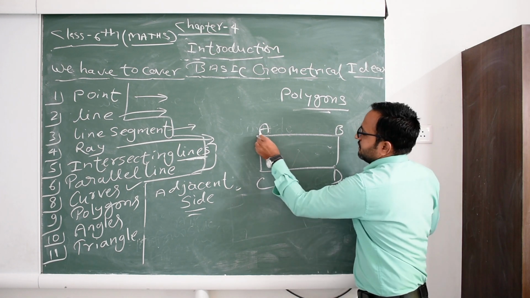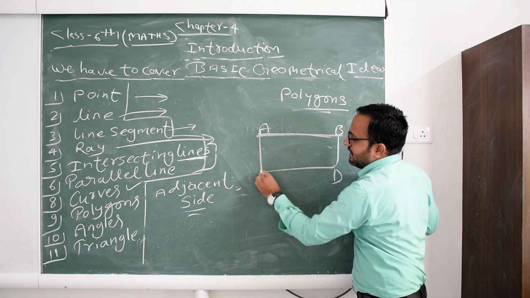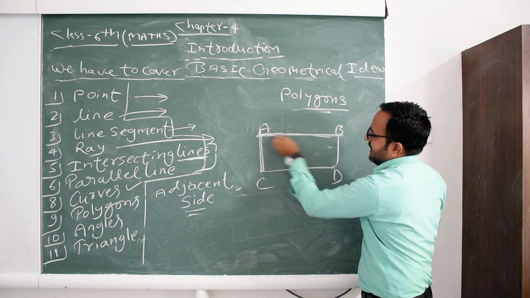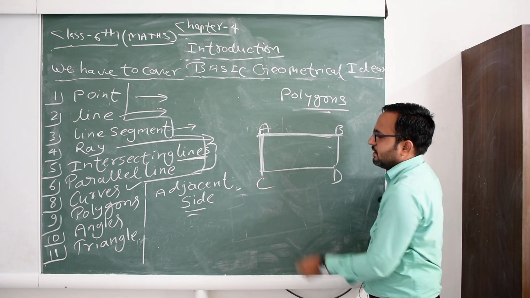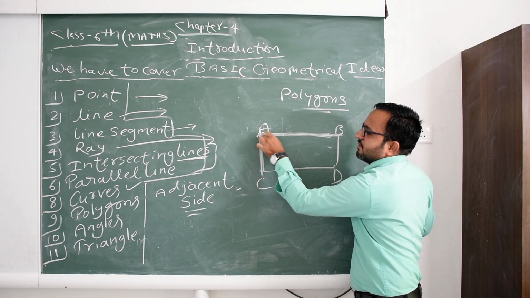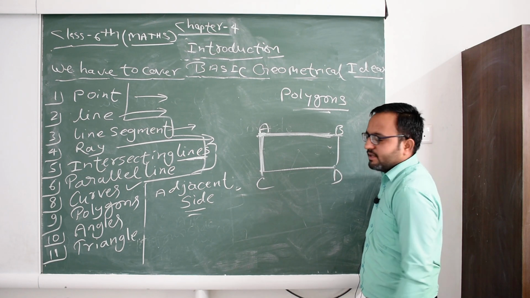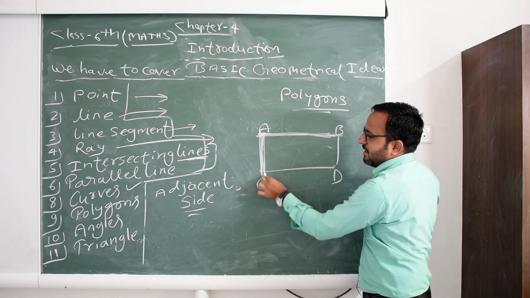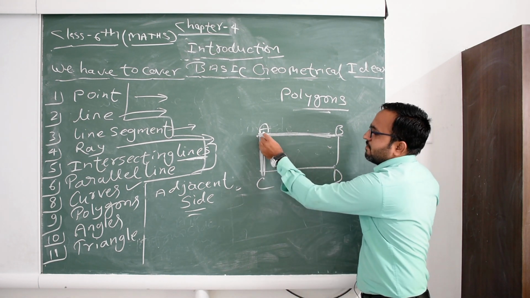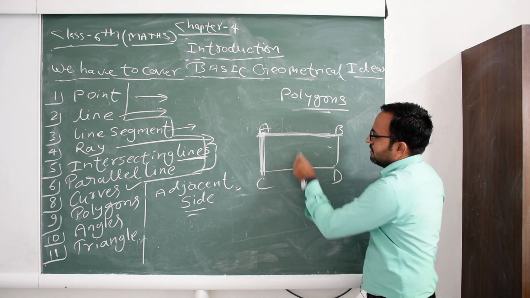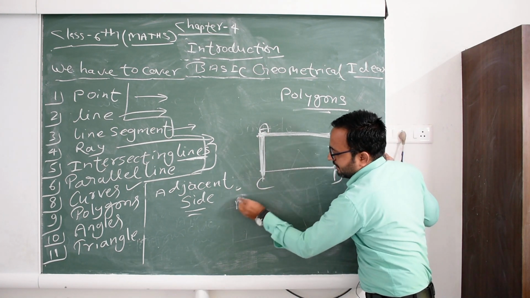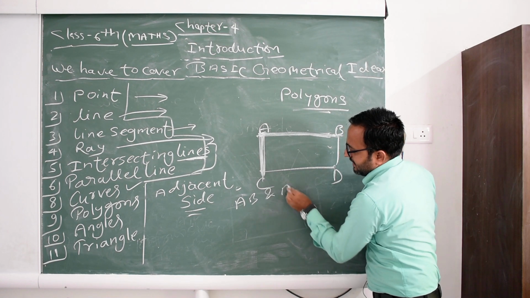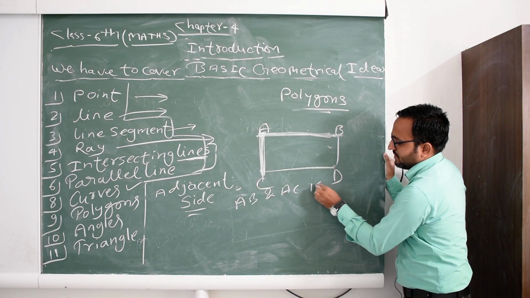If any two sides, like AB and AC, share a common vertex, AB and AC share the common point, so AB and AC are adjacent.